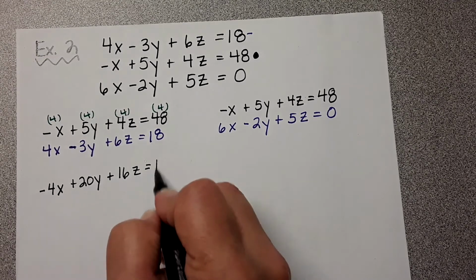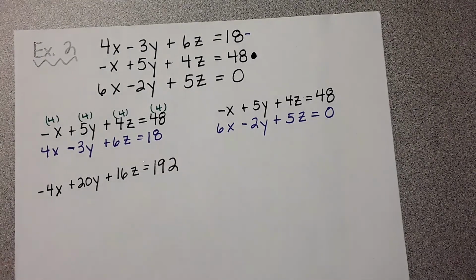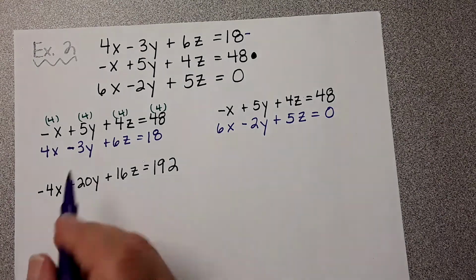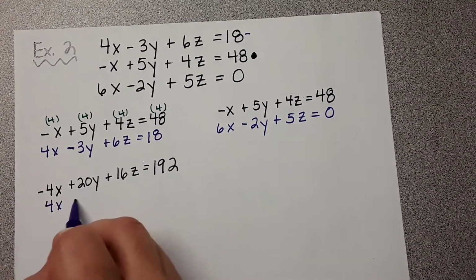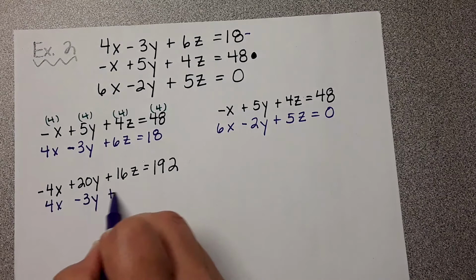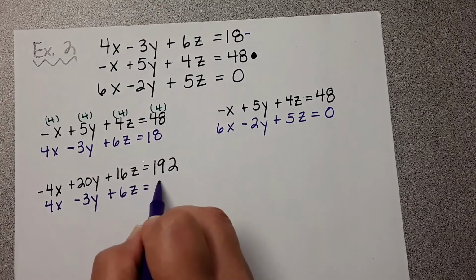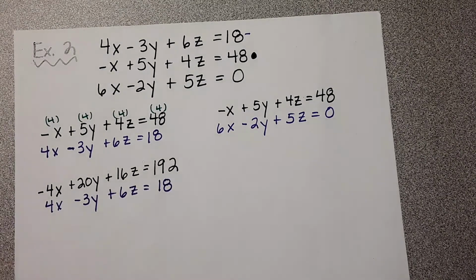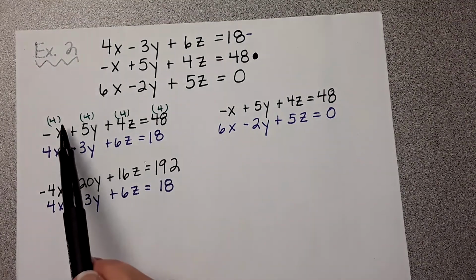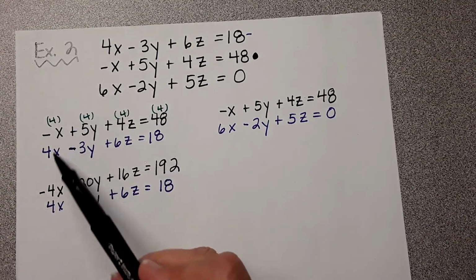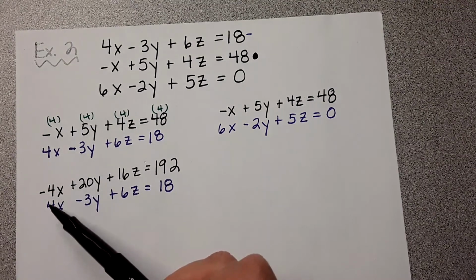It's 192. See, I figured it out. And then the 4x will stay the same underneath. So again, we multiplied the top equation by 4 because that's how the x's would eliminate.